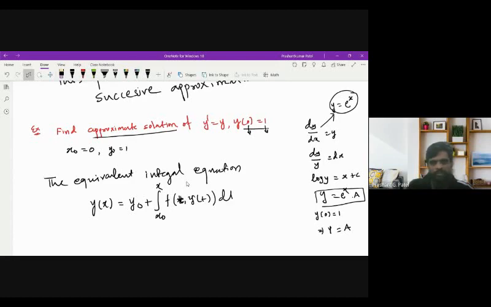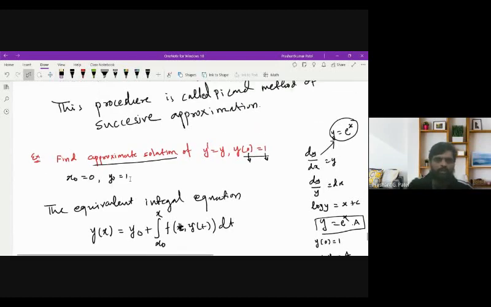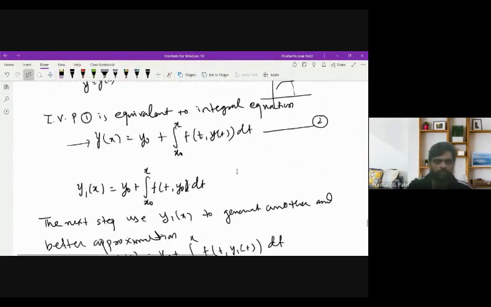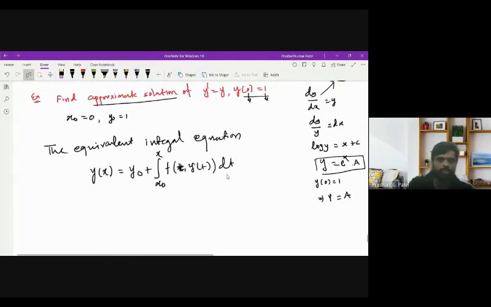This is the equivalent integral equation, which we have written in the form of equation 2. And y0 we know is 1, plus integral from x0 = 0 to x of f(x, y), here it is a function of y. This is your f of x y. So it is y of t dt. This is your y of x.